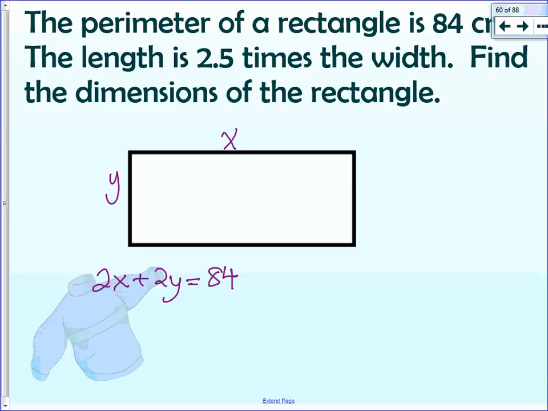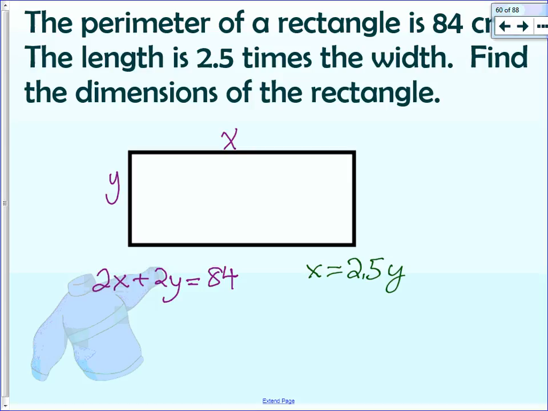Now, who can give me an equation that states that the length is 2.5 times the width, given how I labeled length and width? Go ahead. Okay, so x equals 2.5y.